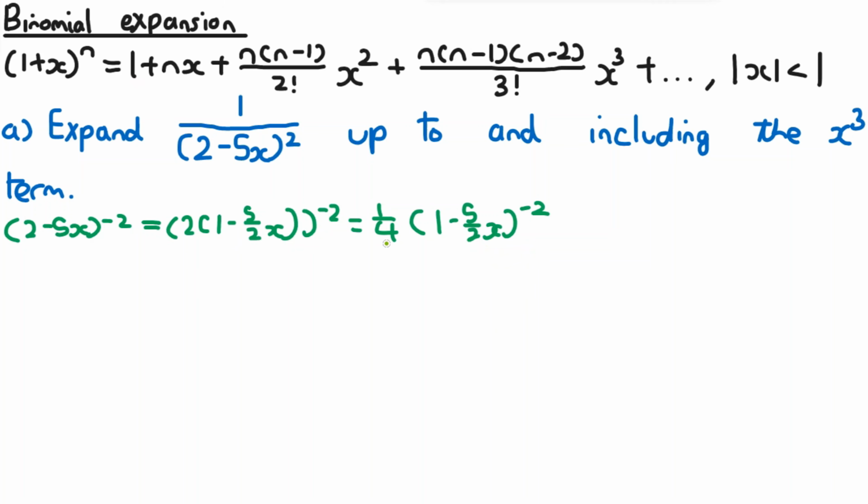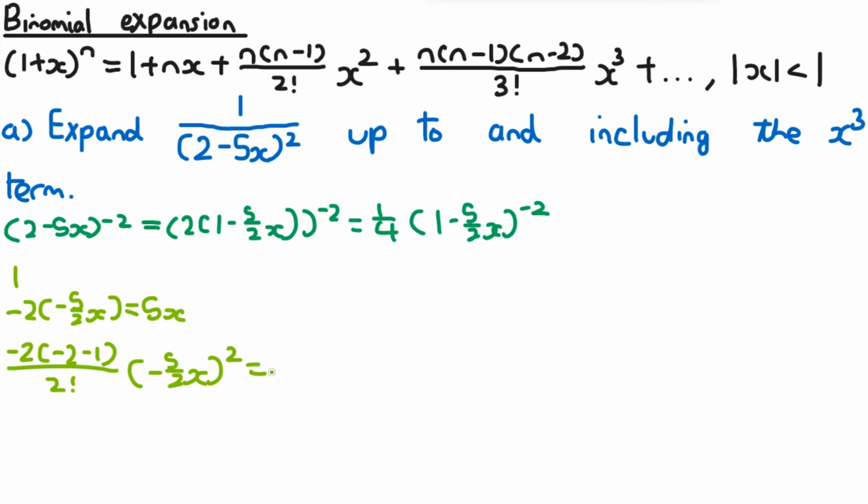So the first term, because we're going up to x to the power of 3, it's going to be 1, and then the second term is going to be n, which is minus 2, times x, which is minus 5 over 2x, which is equal to 5x, and then the third term is going to be n, which is minus 2, minus 1 over 2 factorial, and then minus 5 over 2x squared, which is equal to minus 2 minus 3 over 2, and then 25 over 4 x squared.